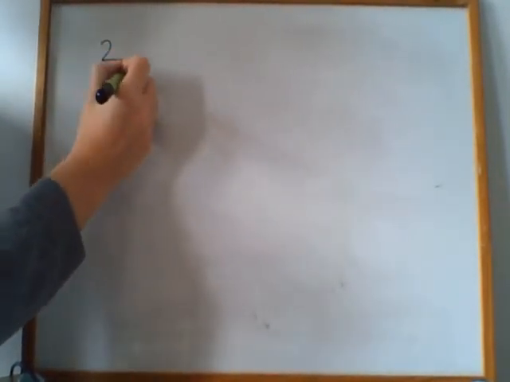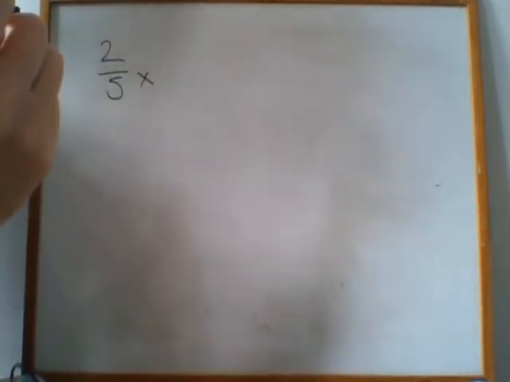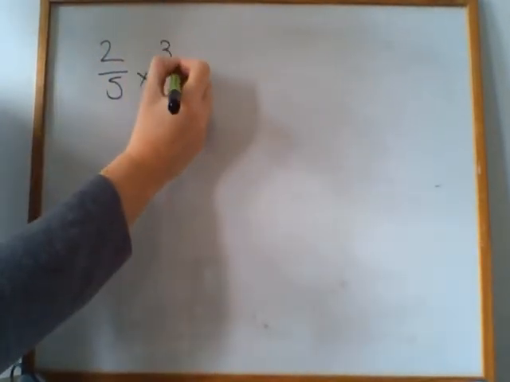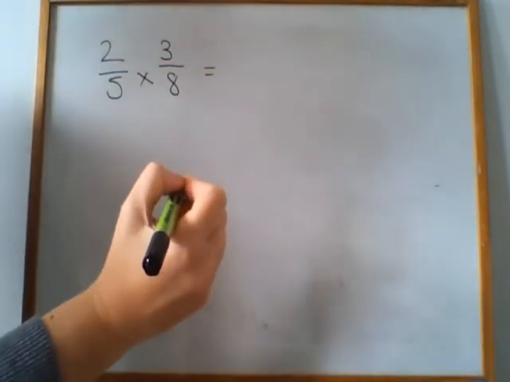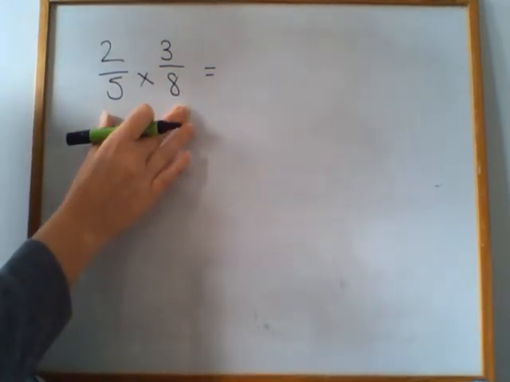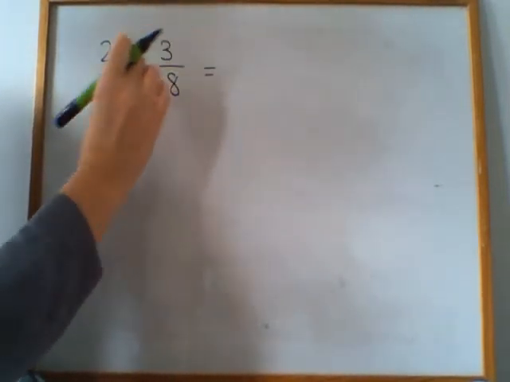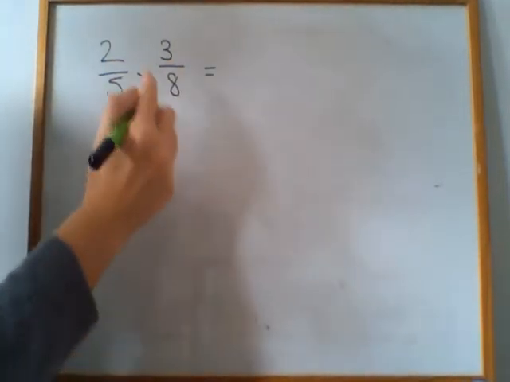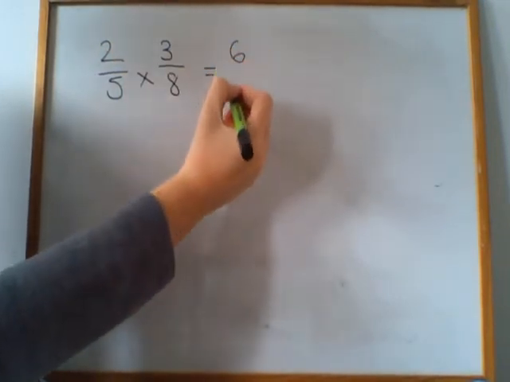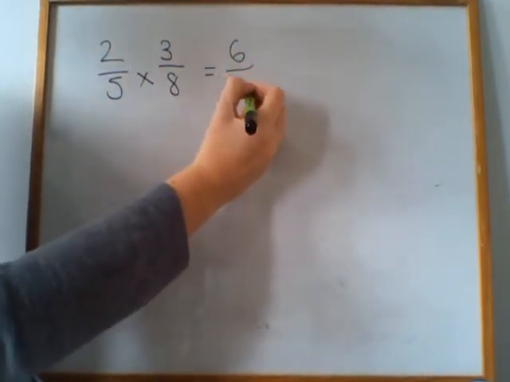Number 5, 2/5 multiplied by 3/8. Okay, so fractions, when we multiply, we don't have to worry that our denominators are different. That's only when we're adding and subtracting. So for multiplication, I can just multiply the top and multiply the bottom. So 2 times 3 is 6, 5 times 8 is 40.